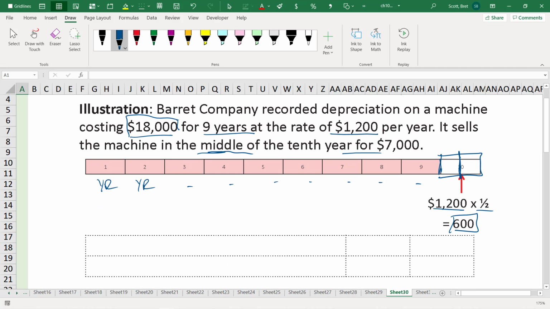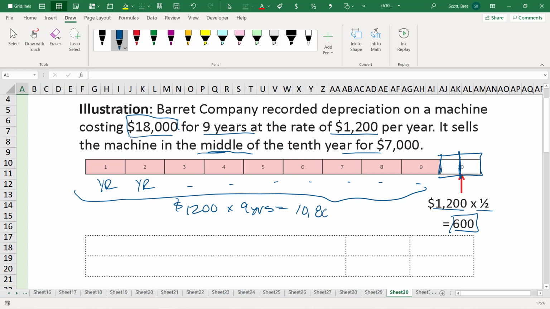Again, annual depreciation was $1,200 per year. So 9 years times $1,200 per year is $10,800. We have to tack on an additional $600 to catch up our total amount of depreciation incurred.